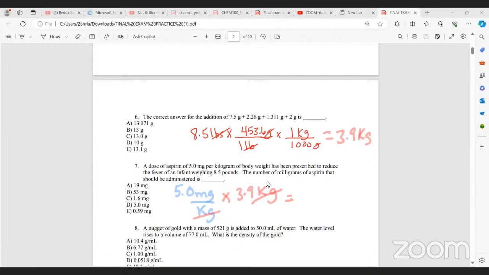Well, remember, we should only have two significant digits, okay? So in this particular case, the answer that comes closest to what we're looking for is the 19. So for number 7, the answer is A, 19 milligrams.